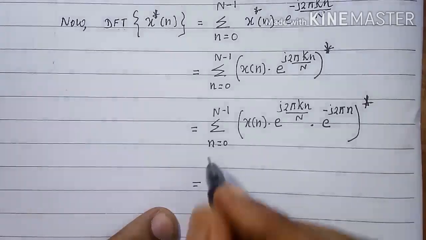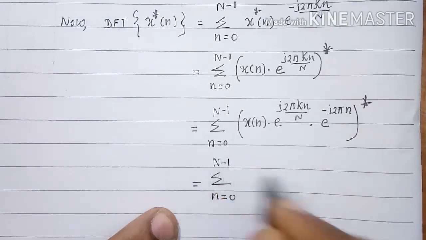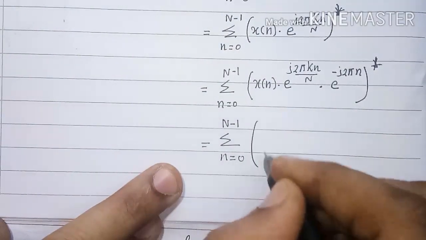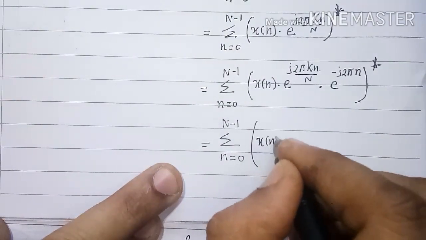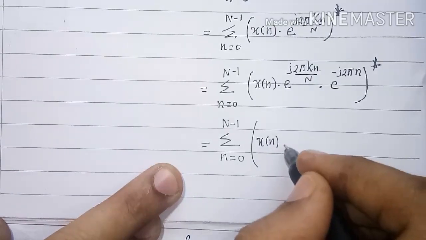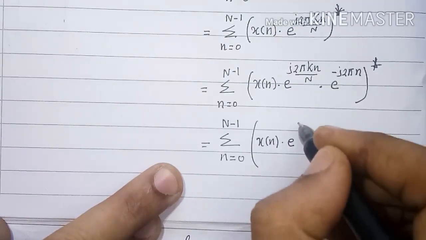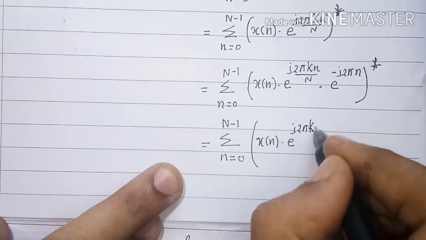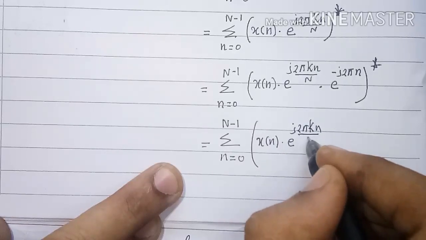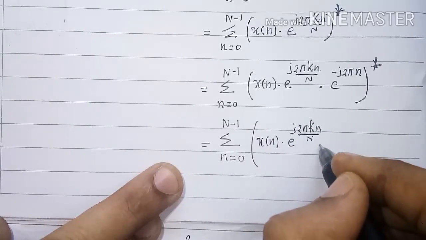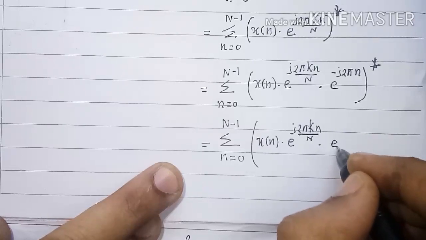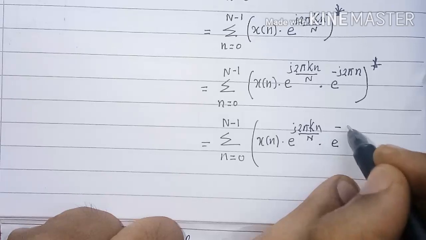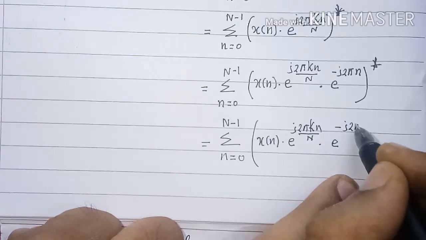So summation n equal to 0 to N minus 1 of x of n into e raised to j2 pi kn upon N into e raised to minus j2 pi.